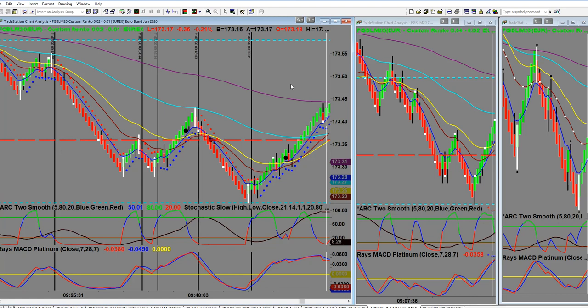Now the T25 setup is the old floor trader strategy, the 2 to 5 candle pullback. However, you can use it or enter on a 1 candle pullback if you've just got a 1 candle in a strong market. It's also nice if you want to see a stochastic hook, short-term stochastic hook.